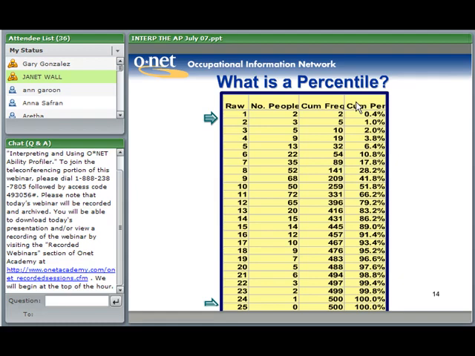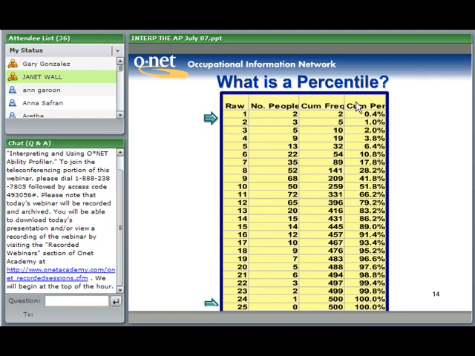What is done with calculating a percentile is we put in a column that indicates how many people got each of those scores. So the person who got 1 correct, there were 2 people. For a raw score of 2, there were 3 people that obtained that.